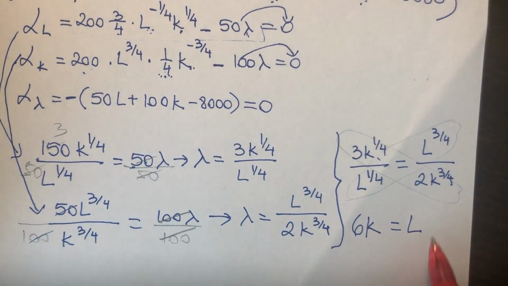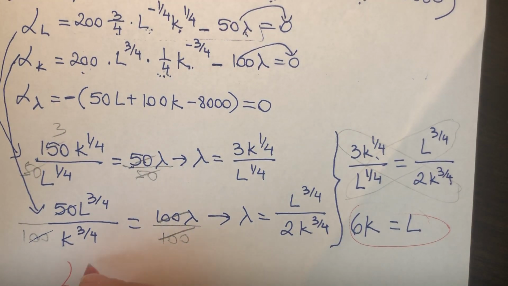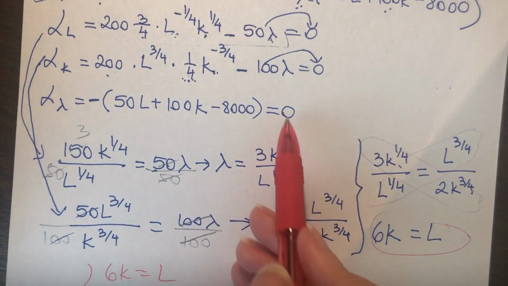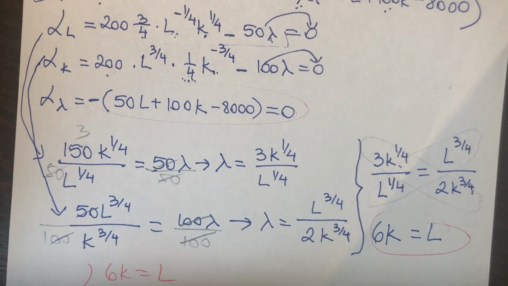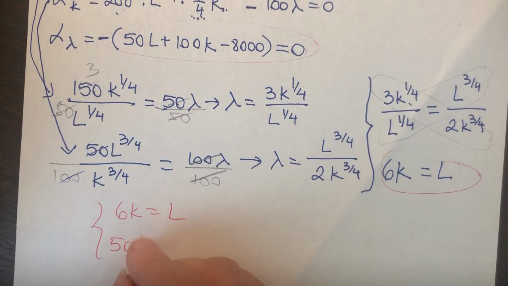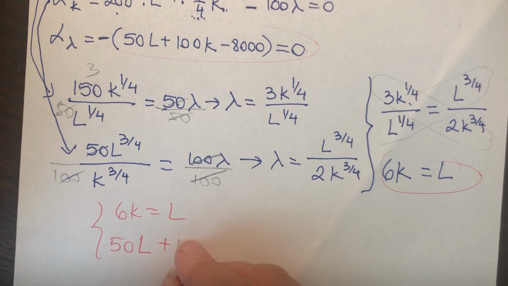Good. What else do I have to do? I have to combine this equation that I got from the top two derivatives with the one on the bottom. Basically, I'm combining it with what? Our constraint equation, our condition, which in this case is the budget equation.